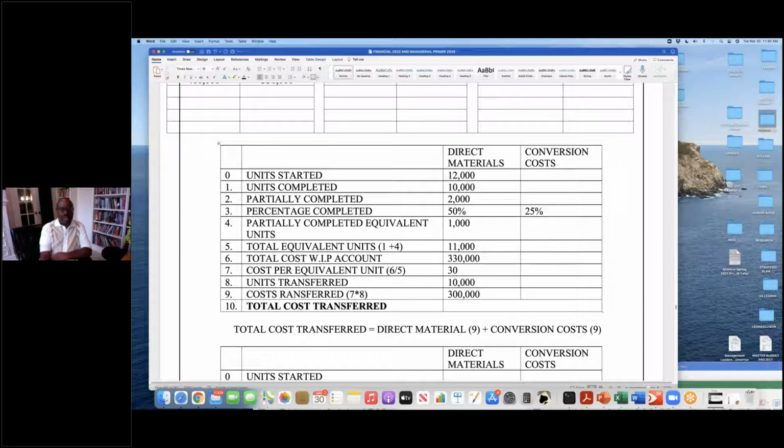So when we determine how much of the cost we transfer, we multiply that 50% times 2,000, we get 1,000. We add the 1,000 to the 10, and we get 11,000. The total cost involved is 330. So the per unit equivalent cost is 30. 10,000 transferred out, we get 300,000. Any questions? Good. Do the conversion cost.